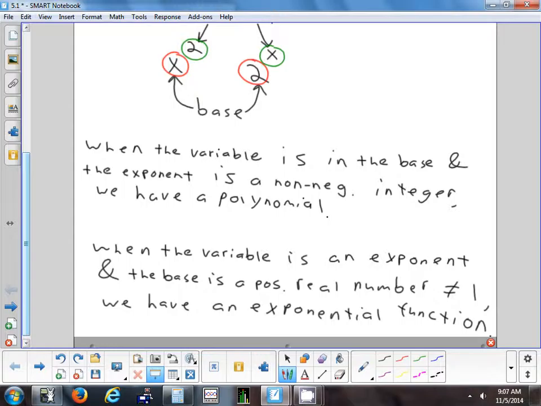That's also an exponential function. Another example would be the population of a city that continued to grow at 2% every year. That would be an exponentially growing city.